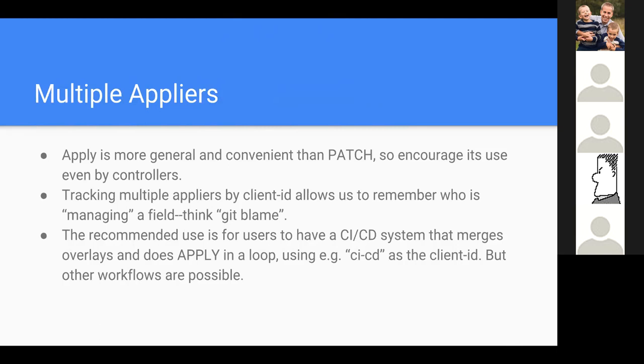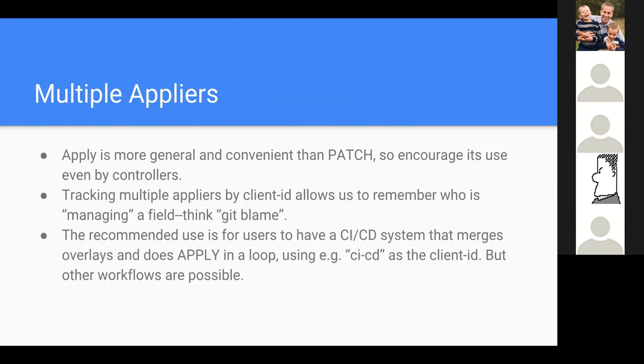Whether that means controllers explicitly call the same apply verb that users call, or if there's some differences in defaults, like I believe that controllers should typically win conflicts and users should typically get an error message unless they force.